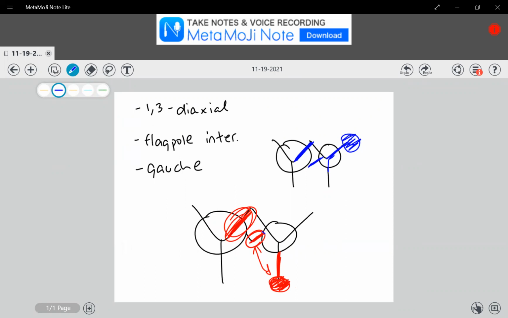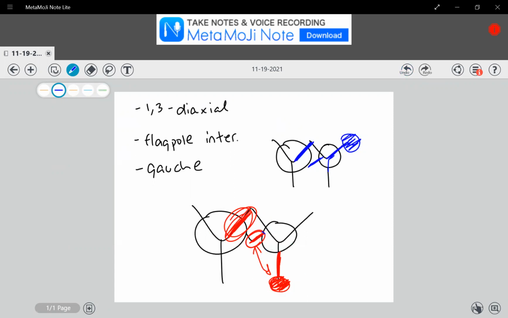When we draw them as axial, we get that 1,3 diaxial repulsion. Remember when they were in the chair conformation? There's that kind of triangle of hell that was connecting all of them. They were all up in each other's faces. 1,3 diaxial. And then we have our unfavorable gauche interactions, which is when these guys here have a gauche conformation with this guy here.